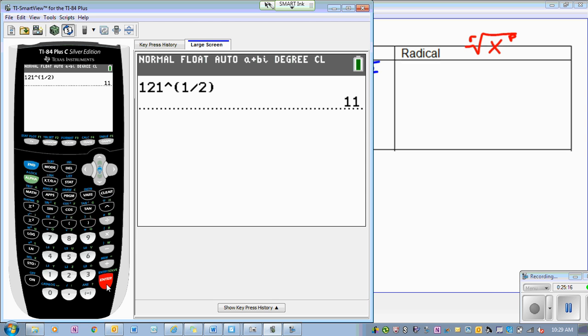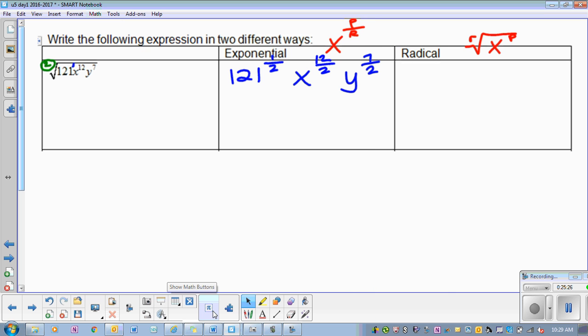Because 121 to the 1/2 power is really saying the square root of 121, right? Square root of 121 is 11. Now look at the x's. Can you simplify 12 over 2?